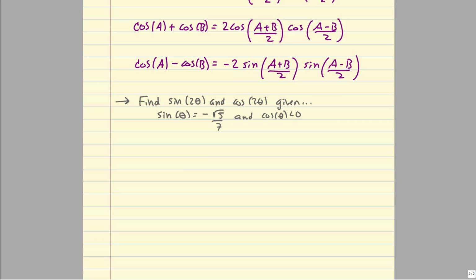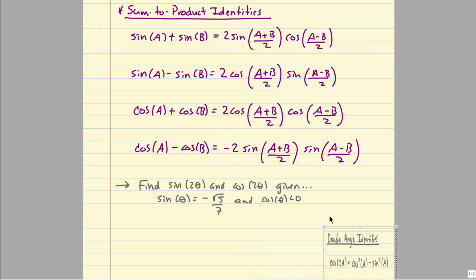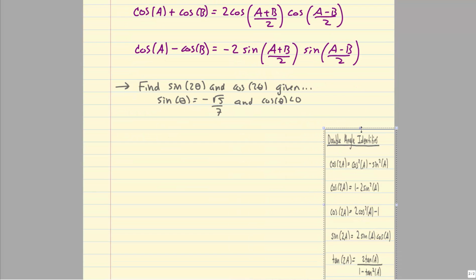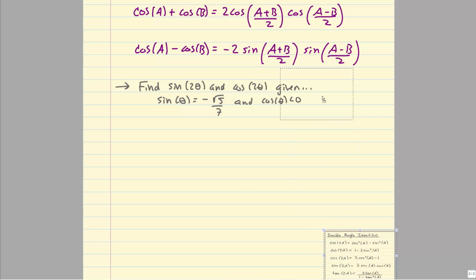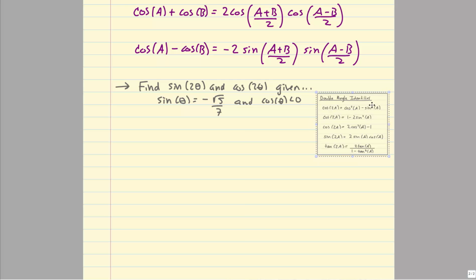So in order for us to find the sine of 2 theta, let's go ahead and look at our formulas for these. I'm going to paste these in and then I'll shrink these up, because we're going to want to refer to these often, so I want to have a little copy over here. If I look at these, the sine of 2 theta would be this one right here.